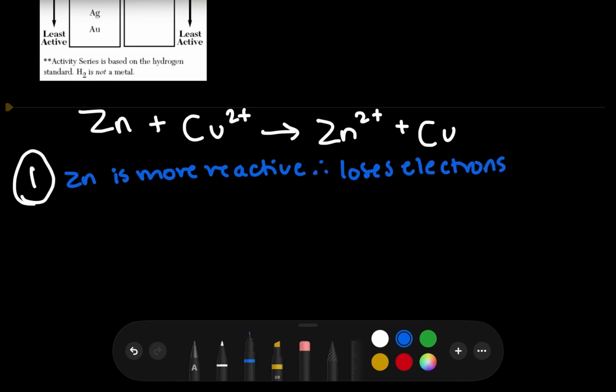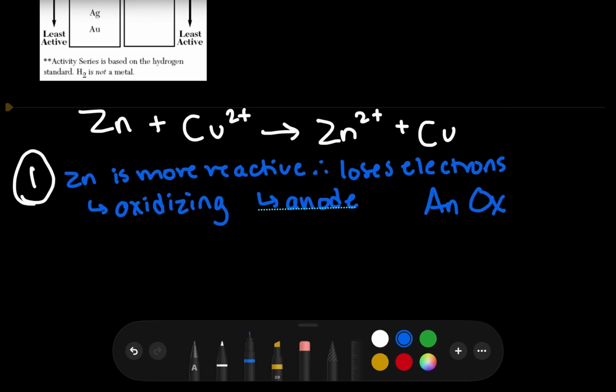And if it's losing electrons, it's associated with oil. Remember oil rig? Oxidation involves losing electrons. So it's oxidizing. And Zn is an anode. Keep that in mind. So a way that you can remember this is an ox, and then red cat.